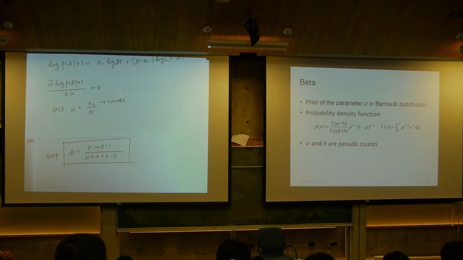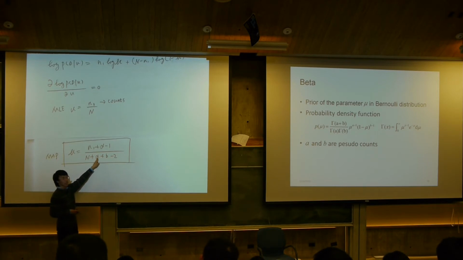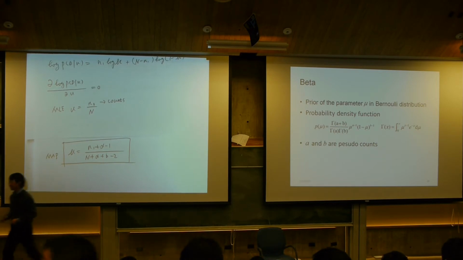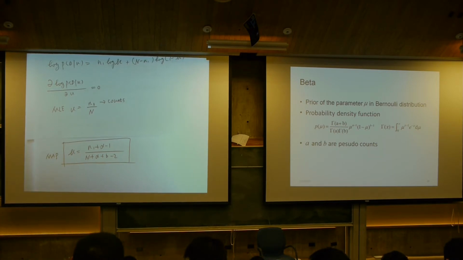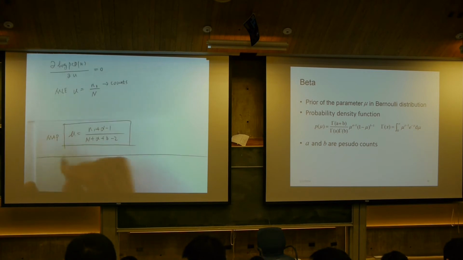Because you have some value of A and B, right? If you start with alpha being 1, beta being 1, then in all examples you're going to have 1 plus 1 minus 2, right? Let's see. Suppose I have no data, which means that N1 equals 0 and N equals 0.